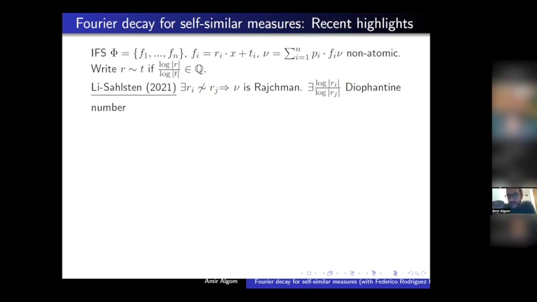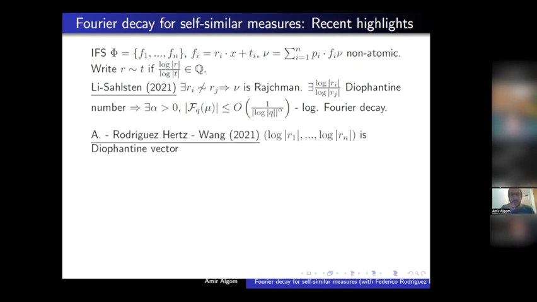So if this ratio is Diophantine, then they obtained a logarithmic rate of decay. Let me just say that, as you'll see here, there are many results with logarithmic rates of decay, and one of my goals here is to explain why logarithmic. Why is it that logarithmic rates of decay arise in this problem? Okay, so that's one thing.